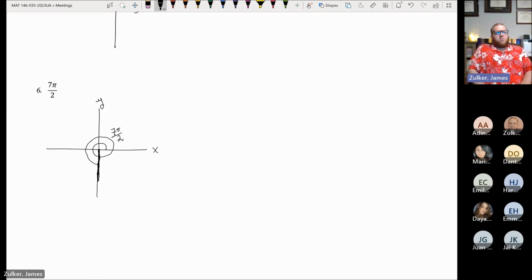Now we're actually at 1 3/4 revolution. 3 pi over 2 is definitely a positive coterminal.